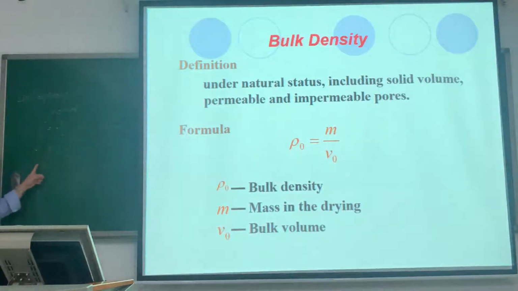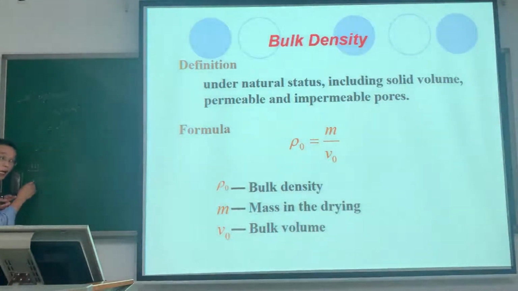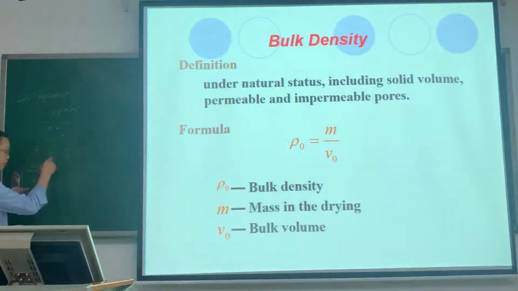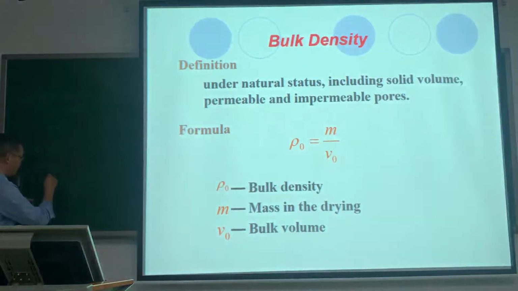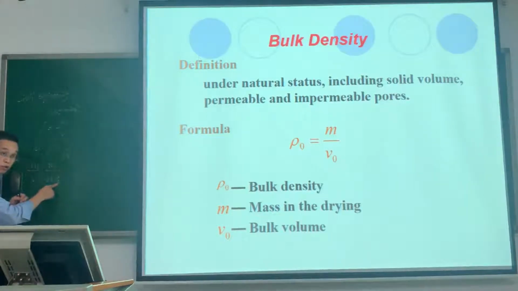The first one. Yeah? Because for this one, the formula is just like this. This volume is the solid volume. And then this one is like this. It's including the volume of the impermeable pores.